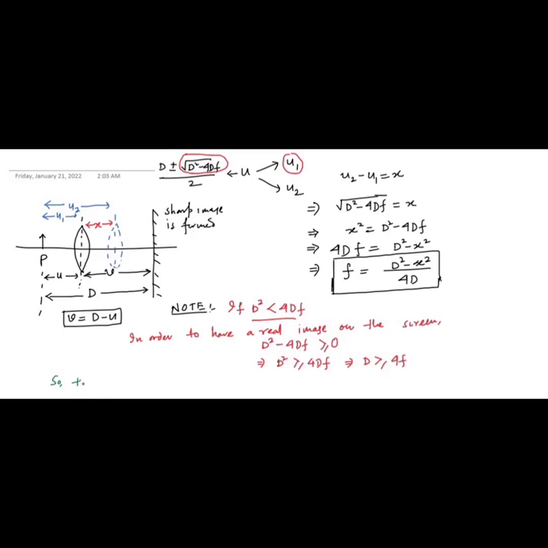So the minimum distance between the object and the screen is 4 times the focal length to obtain a real image on the screen.